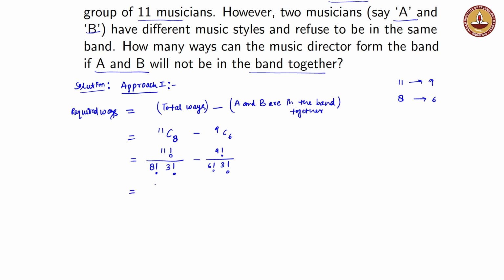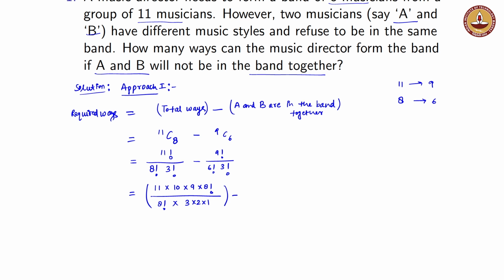If we solve, we can write 11 into 10 into 9 into 8 factorial divided by 8 factorial and 3 into 2 into 1. Then this part will be 9 into 8 into 7 into 6 factorial divided by 6 factorial into 3 into 2 into 1.